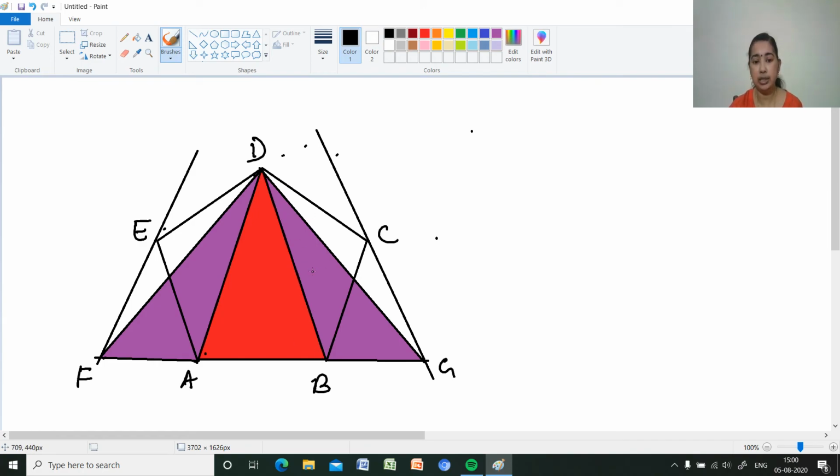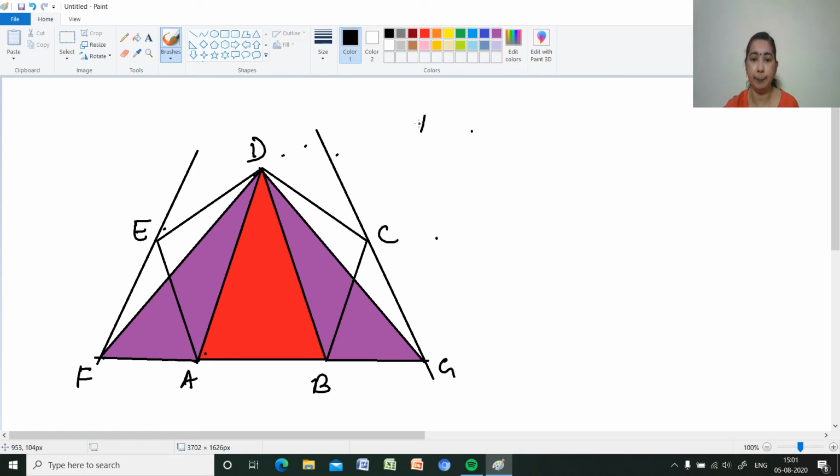ABD is common to both the pentagon and the triangle, whereas the new triangles AFD and BGD have the same area as the other parts of the pentagon, that is AED and BCD. The area of BCD is the same as BGD, and the area of AED is the same as AFD. So both the pentagon and the triangle obtained have equal area.